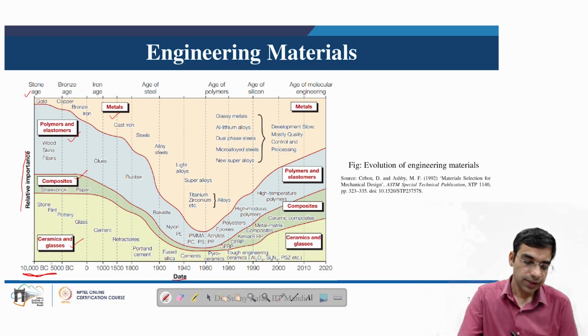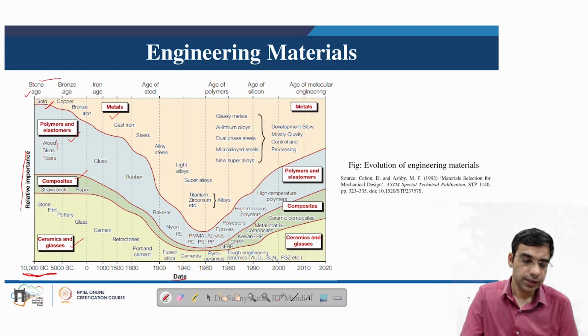From 10,000 BC to 5,000 BC, that is the time between the Stone Age and Bronze Age, very few metals were discovered. So perhaps gold was one of the initial metals which were discovered. In terms of polymers and elastomers, we had wood, skin from various animals, fibers from various plants and animals.